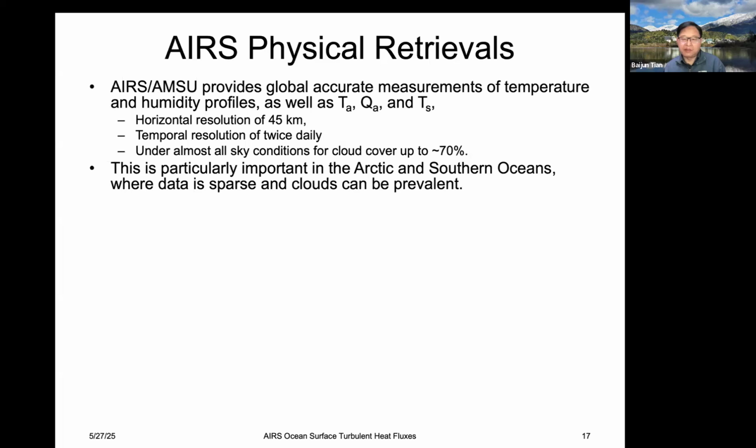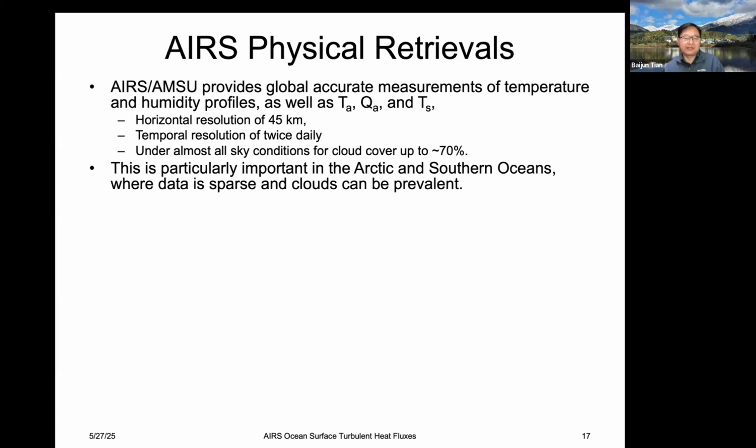The temporal resolution is about twice daily, ascending and descending, afternoon and evening orbit, and almost all sky conditions for cloud cover up to 70%.